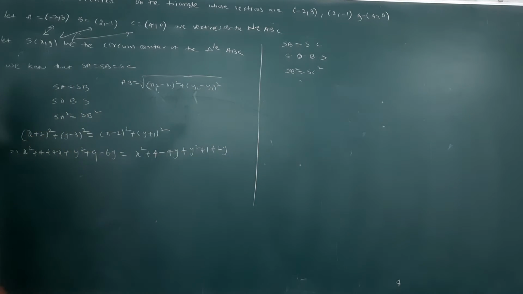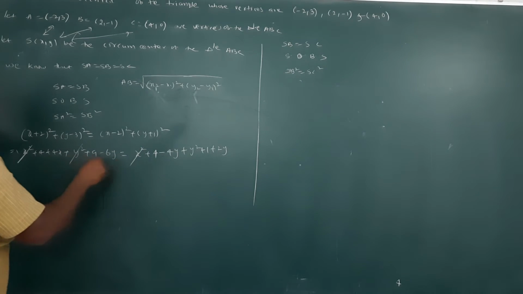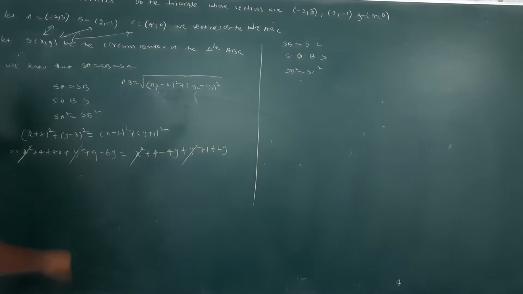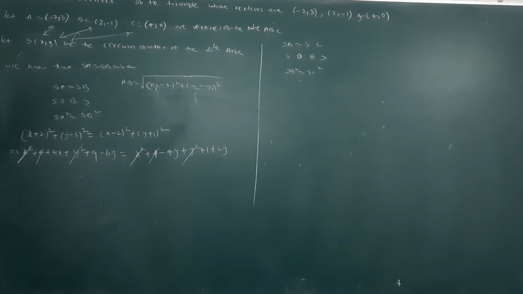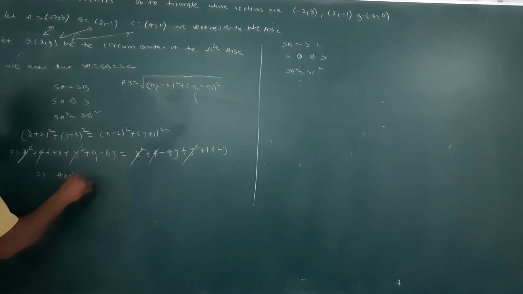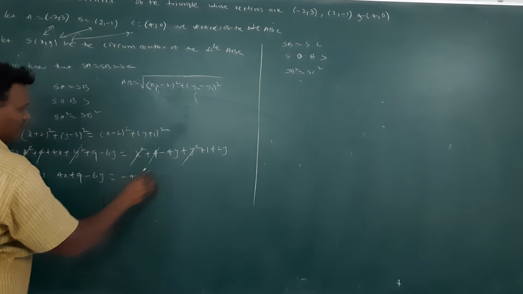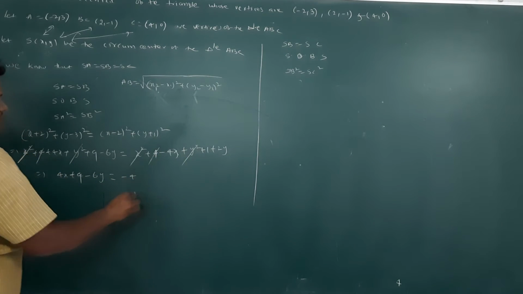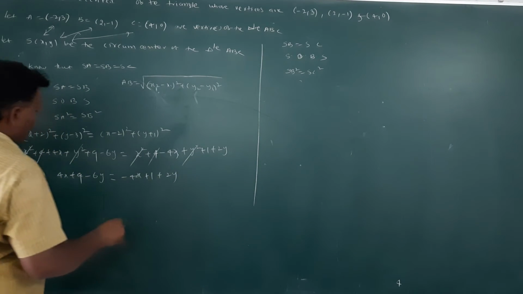x square cancels, y square cancels, 4 cancels. We write the remaining terms: 4x plus 9 minus 6y is equal to minus 4x plus 1 plus 2y.